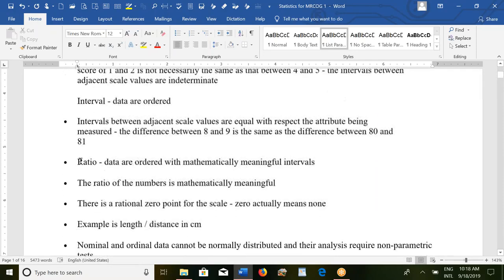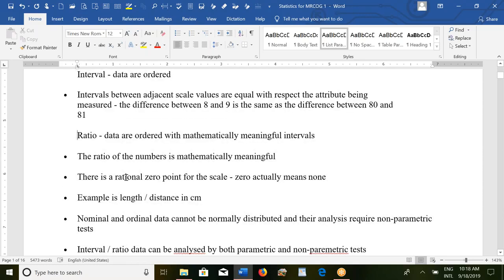Then another type of data, ratio. Here again the data are ordered with mathematically meaningful intervals. The ratio of the numbers is mathematically meaningful, and there is a rational 0 point. Whenever you are starting with a 0 and you are going anywhere, you should say that this is ratio.